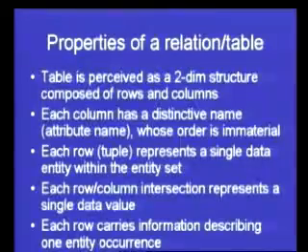As you know, the table is a two-dimensional structure and each column has a distinctive name. The most important point is that the order of the columns is not at all important. Suppose that I indicate employee number, name, address and designation. It doesn't mean that name and address have priority over designation. The order is immaterial. What is important in any table is what is indicated as the primary key. Employee number is very important.